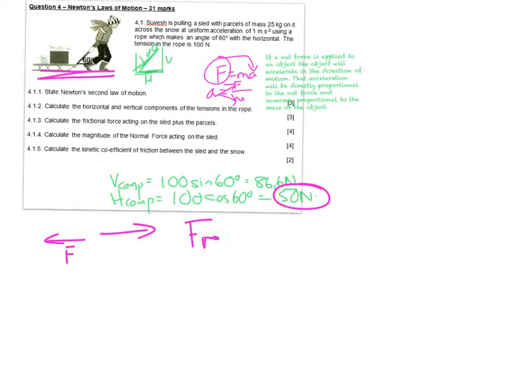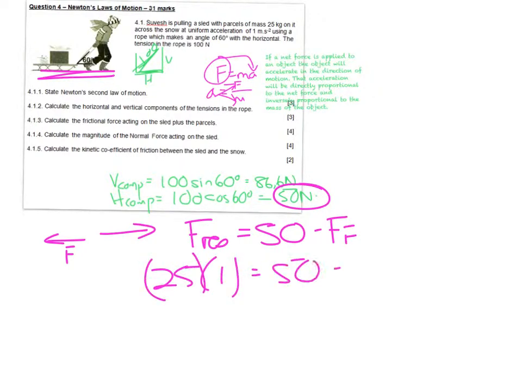So force resultant is equal to the 50 minus the frictional force. And that is going to be 25 times, they've told me an acceleration, 1, equals 50 minus the frictional force, and therefore my frictional force is by coincidence also going to be 25 newtons against the motion.